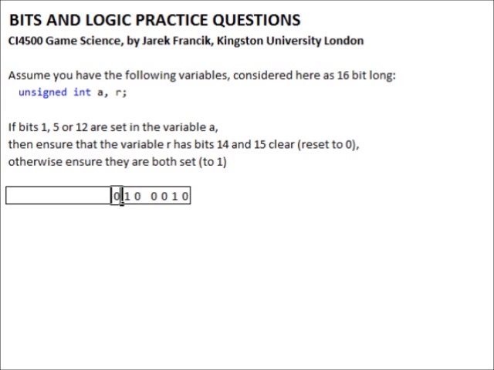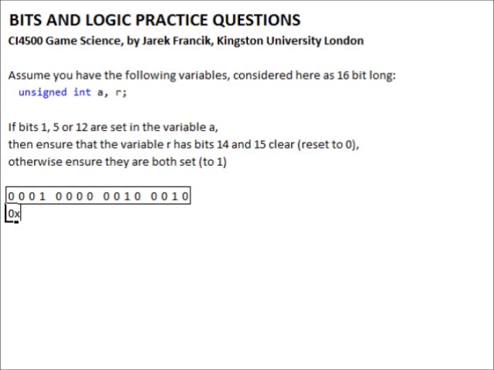Bit number 6 and 7, 8, 9, 10, 11. Bit number 12, it's 1, 13, 14, 15. We have now the binary mask. The next step is to convert this binary number to hexadecimal number, simply because hexadecimal is the only one that the compiler can understand.